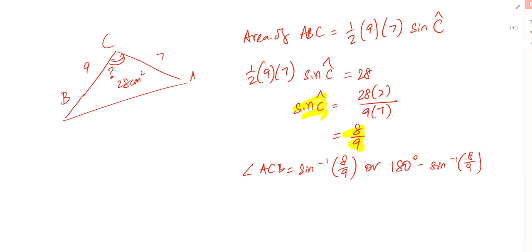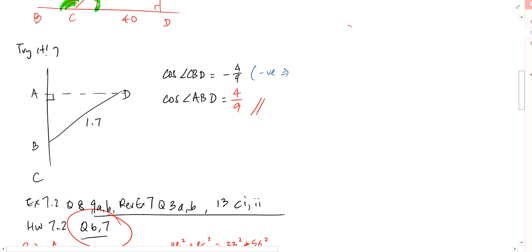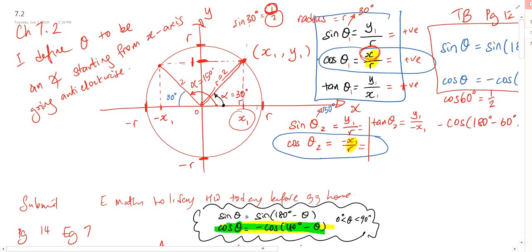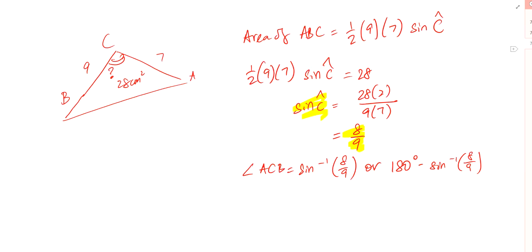So I think it was in chapter 2. Here. When sine theta is positive, there are two answers. Theta equals sine inverse P or 180 minus sine inverse P. So that is if sine theta is positive, which is the case over here.